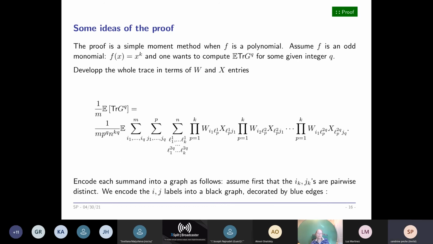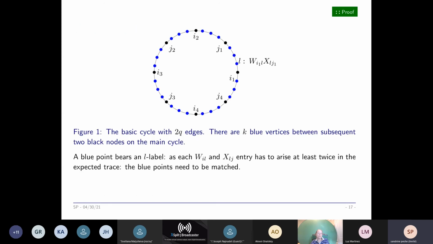For ease, I will assume first that all the I and J indices are pairwise distinct. And we will encode this on the next slide by using a graph on the I and J indices. Because I'm computing a trace, this graph is a cycle. I assume that all the I and J indices are pairwise distinct, so this is a cycle with 2Q edges.